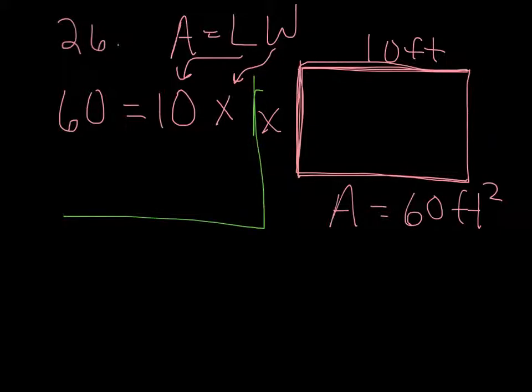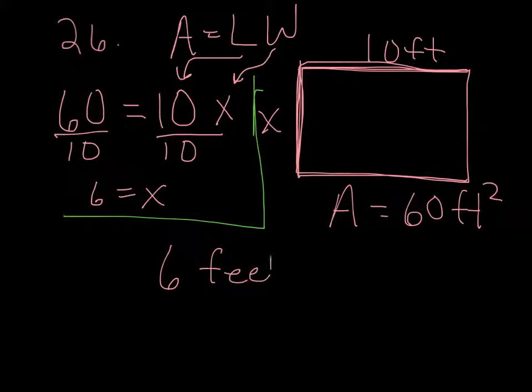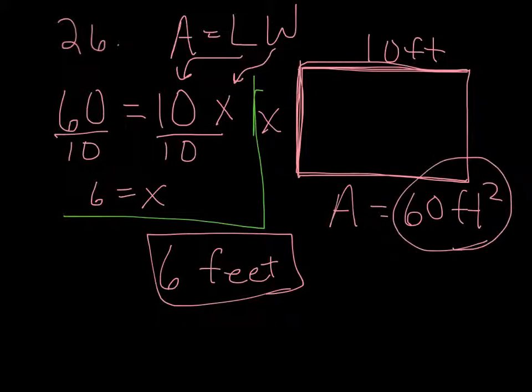So we have 60 equals 10x. Divide by 10 on both sides, and that tells us that our width is 6. 6 what? 6 feet. Not 6 feet squared. 60 is our area. We're just looking for a side, which is just 6 feet.